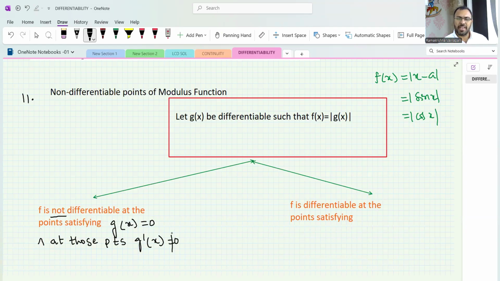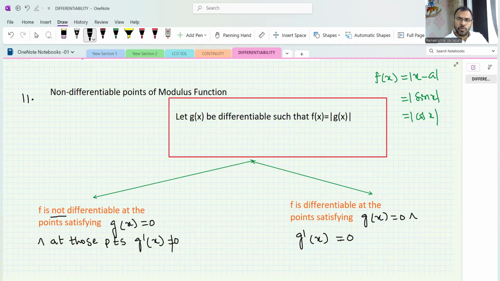This is very, very important. I am again emphasizing this point: f of x equal to modulus of g of x is non-differentiable at the points where g of x equal to 0 and g dash of x not equal to 0. And f is differentiable at the points satisfying specifically g of x equal to 0 and g dash of x equal to 0, the opposite of the previous one.